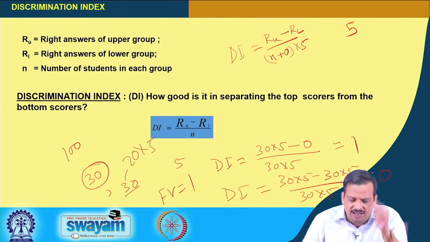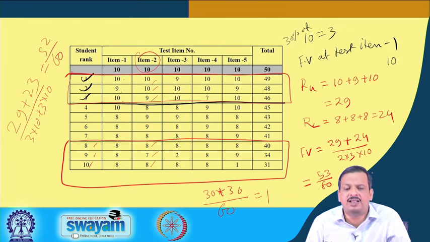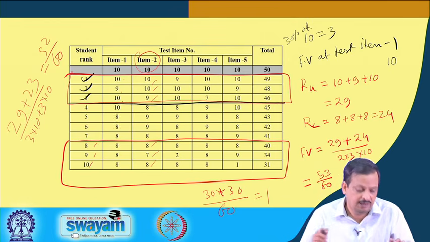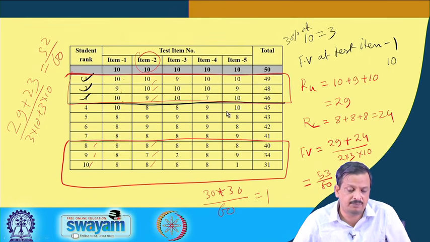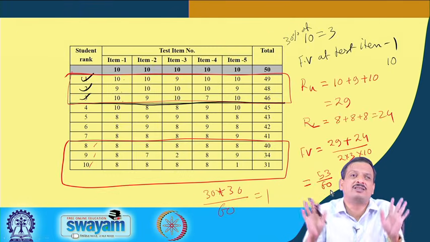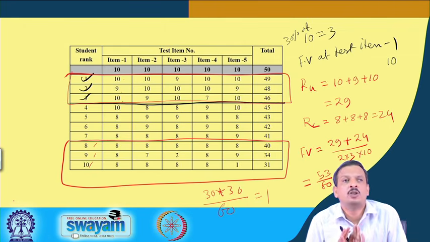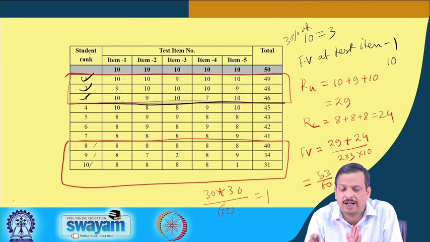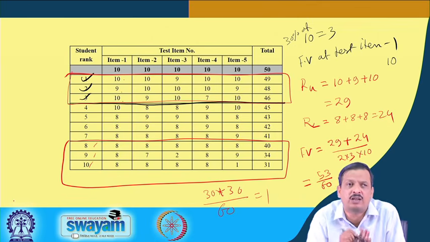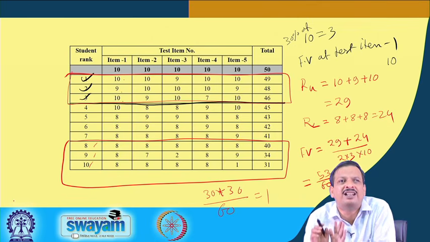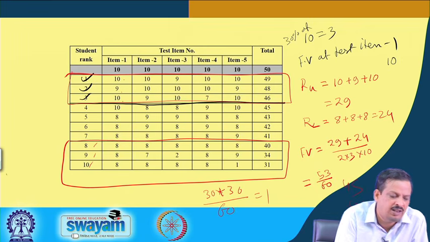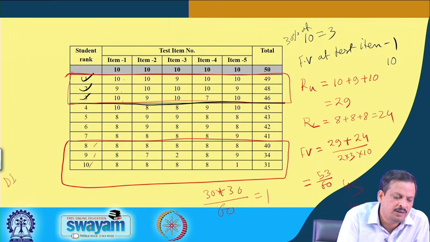Okay? Now, let me give an example. The same example here I can use. Let us erase it first, and then take this table. I want to calculate the DI value for this table. I have 10 students, and I have calculated the facilitation value for test item 1. Now, I want to calculate the DI value for test item 1. So, what is the DI value of test item 1?